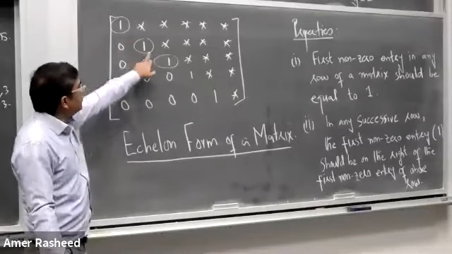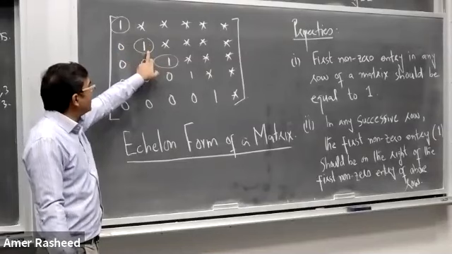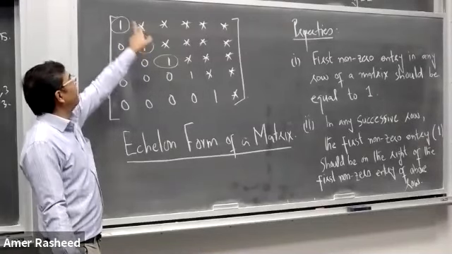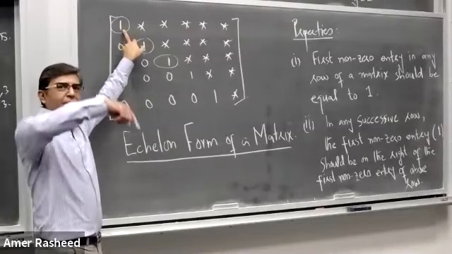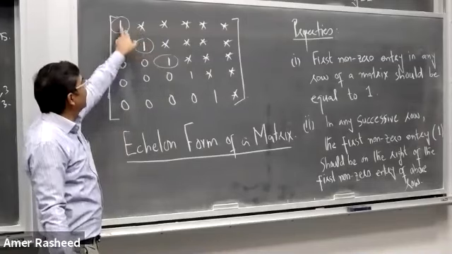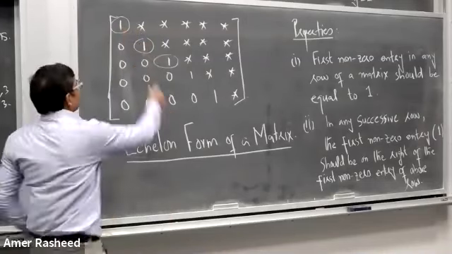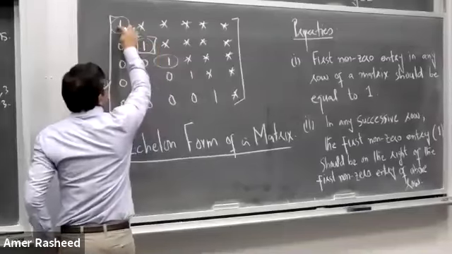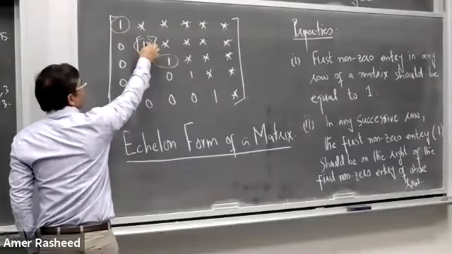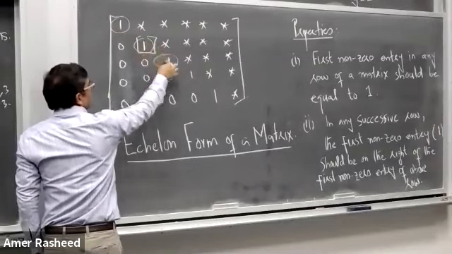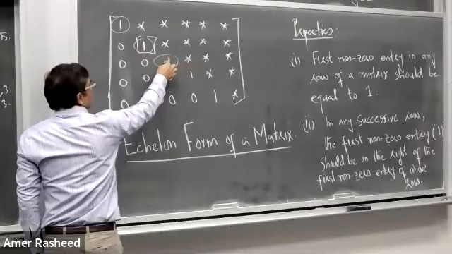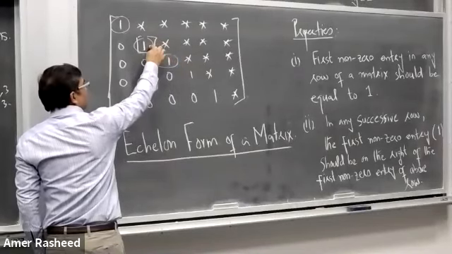So what is this? In each successive row, the first non-zero entry should be on the right of the first non-zero entry of the above row. ठीक है? ये इसके right पे है ना? This is on the right of the previous first non-zero entry. This is on the right of the first non-zero entry of the previous row.